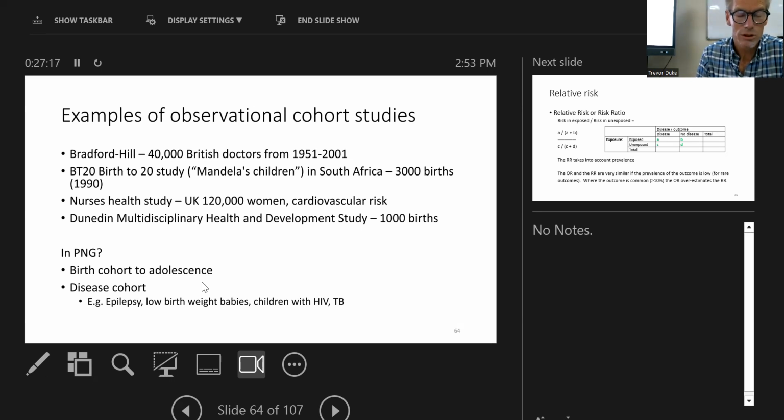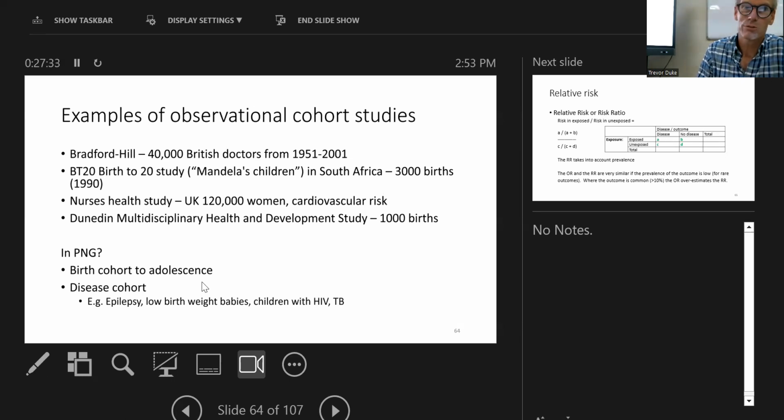There have been some other good cohort studies. This one called Mandela's Children was a very good cohort study of 3,000 births that occurred in 1990. And it's called Mandela's Children, not because they're his children, but because he was released from prison that year.